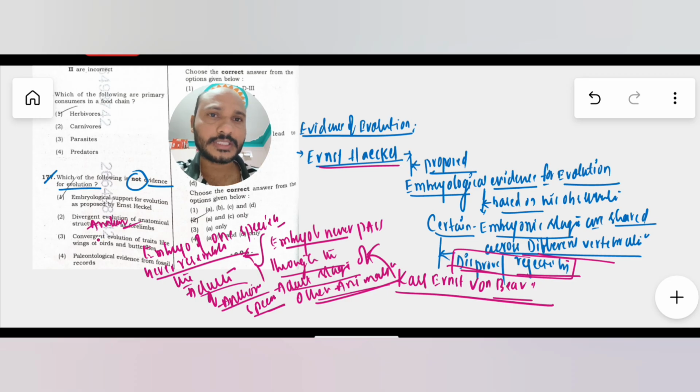Paleontological evidence is also there, but the embryological support for evolution proposed by Ernest Haeckel is wrong, because it is not approved and is no longer accepted evidence. Hence this statement is wrong, so we have to choose it as not evidence for evolution.